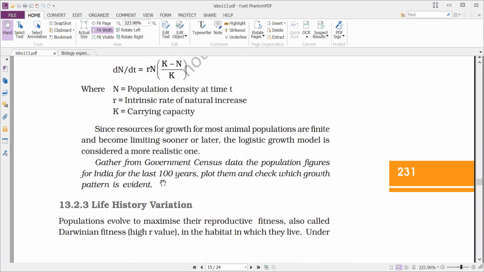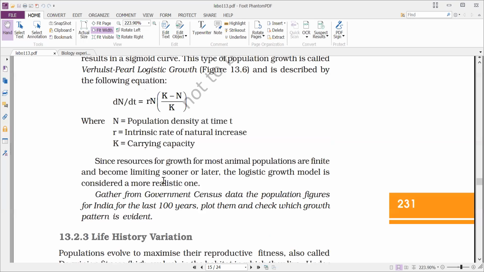Okay, that is about the logistic growth. Very important, these growth models, both the exponential growth model and the logistic growth model, are very important. Questions are regularly asked from these growth models, either in 3 mark or 5 mark, from this chapter.